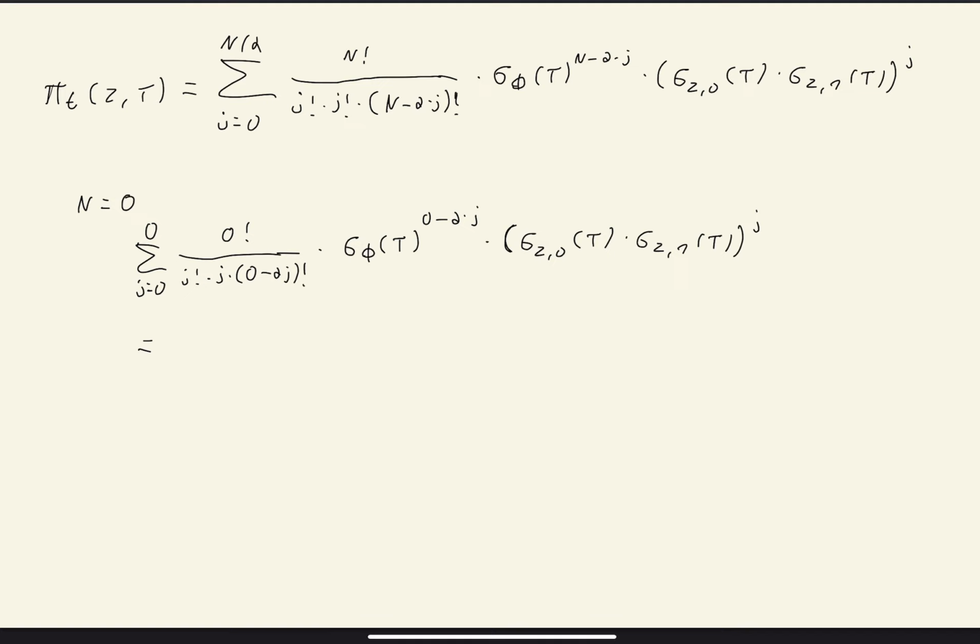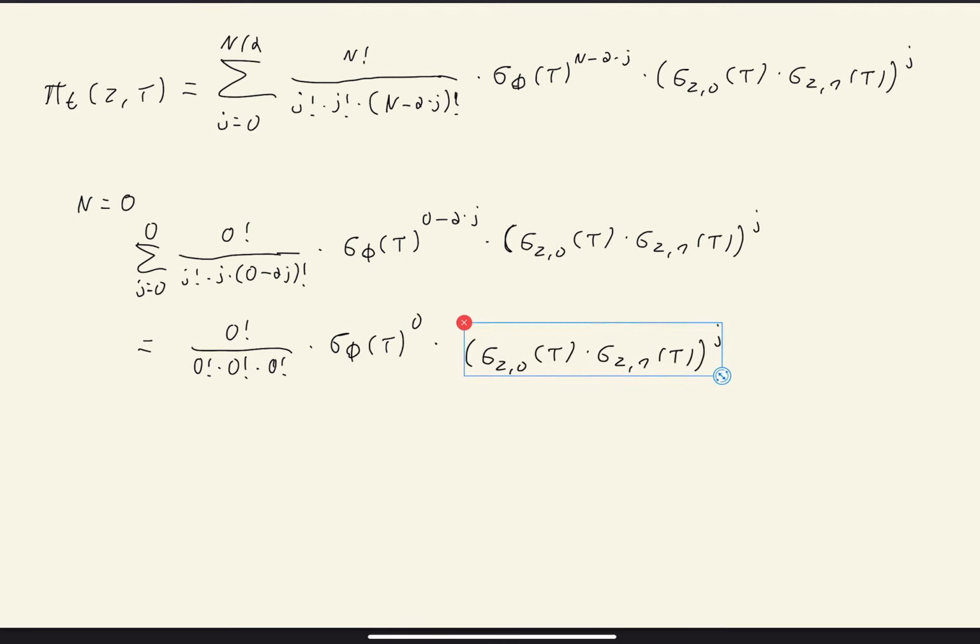So this sum only has one term. It's 0 faculty divided by 0 faculty times 0 faculty, where j is now 0, times again 0 minus 2 times j, which is now 0 faculty, times sigma phi tau by the power of 0, times, now again we substitute this expression here, by the power of 0.